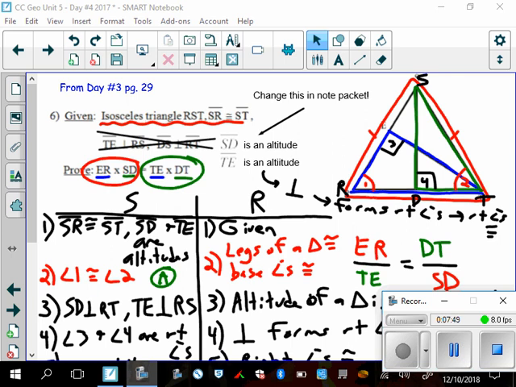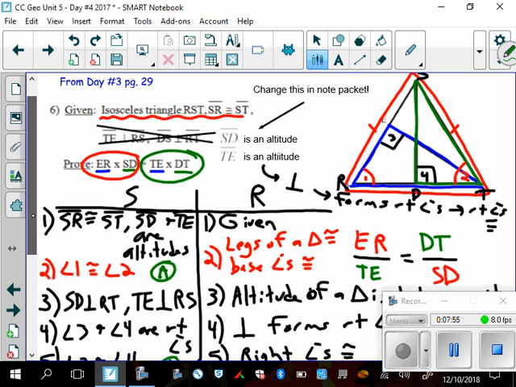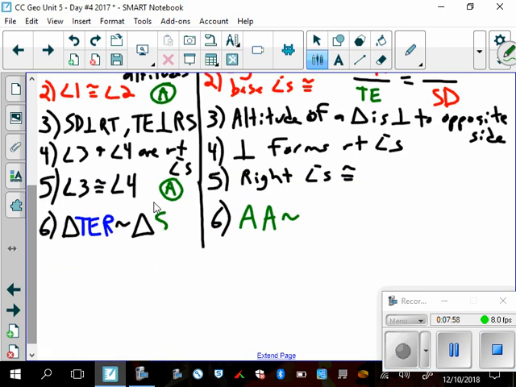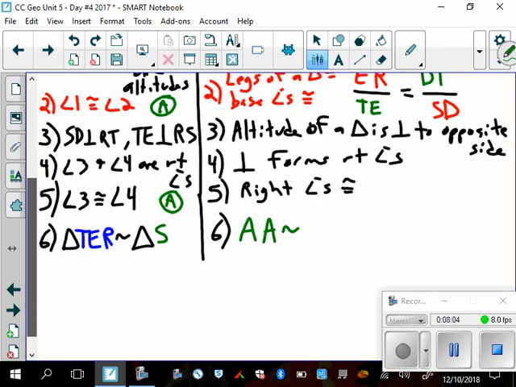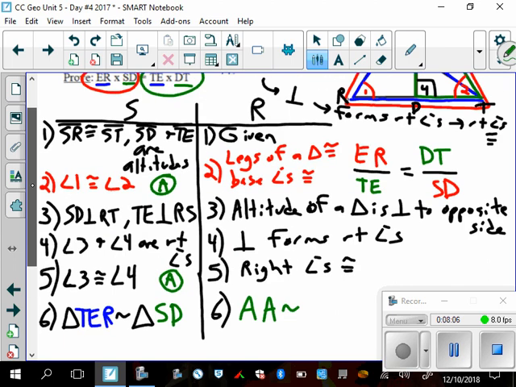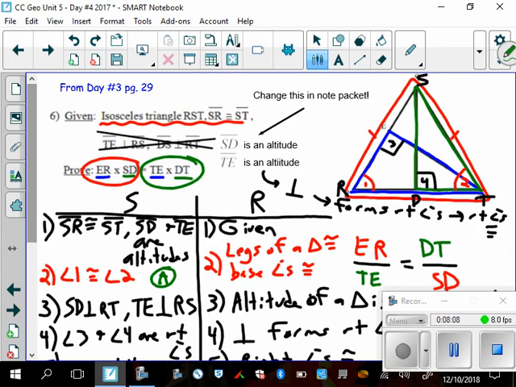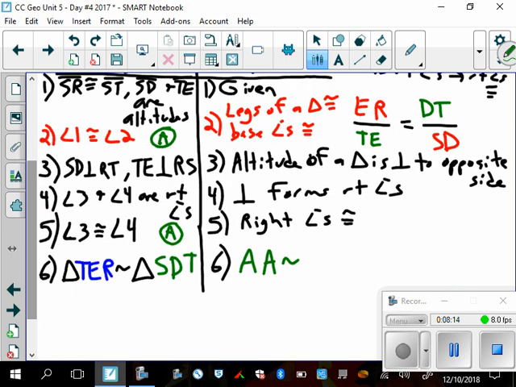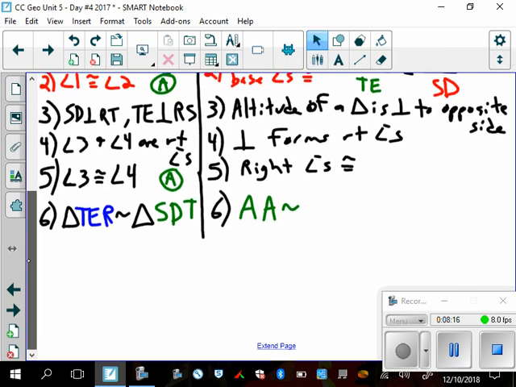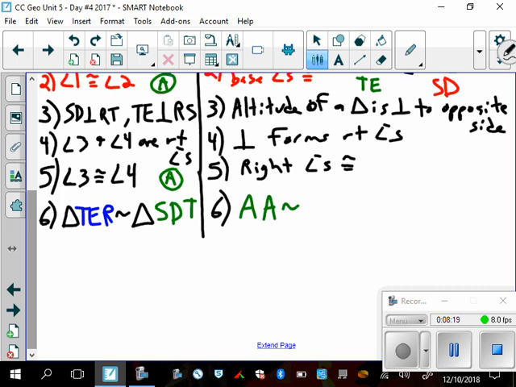If I started with T in the blue triangle, I would have to go with S in the green triangle because T didn't have a congruent mark. So this would start with S. And then E had a right angle for blue. That means D for the green triangle. And then R corresponded to T because those both had right angles in them, or congruent angles, excuse me.